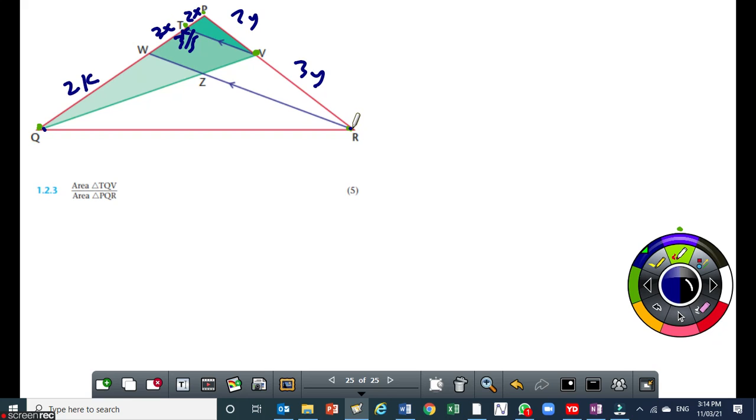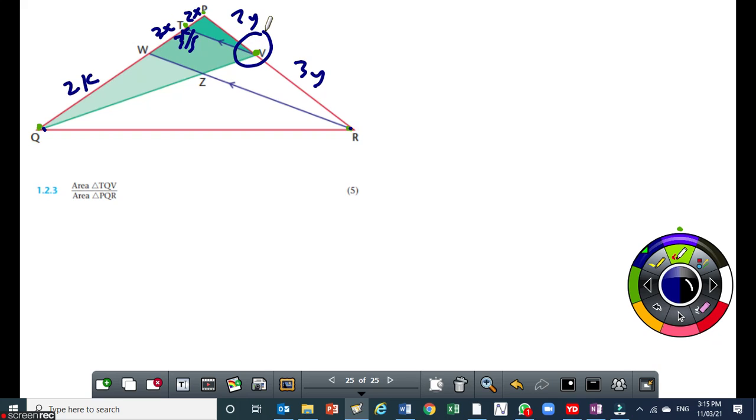It's PQV, yes. PQV and TQV share a common height because they have a common vertex here.